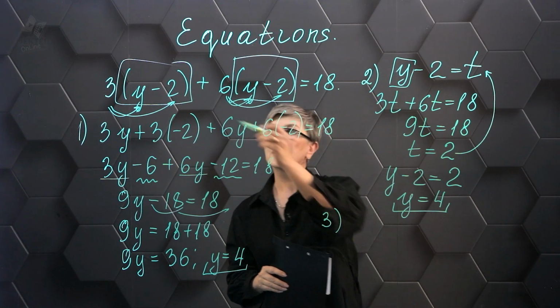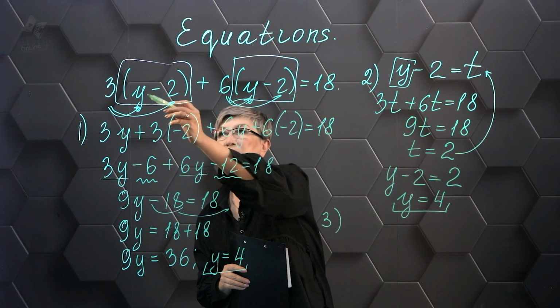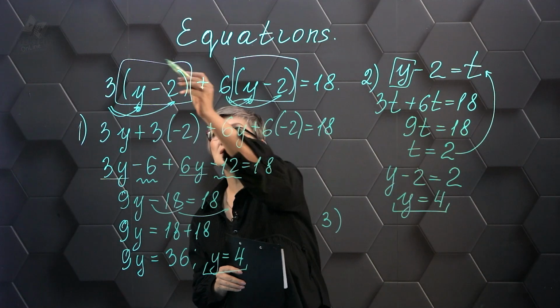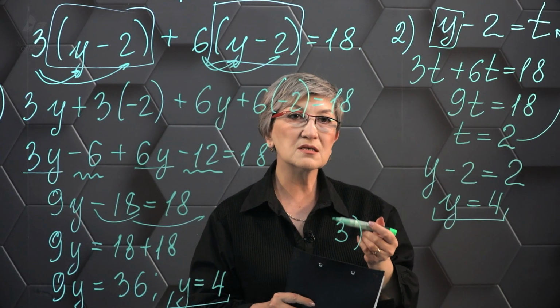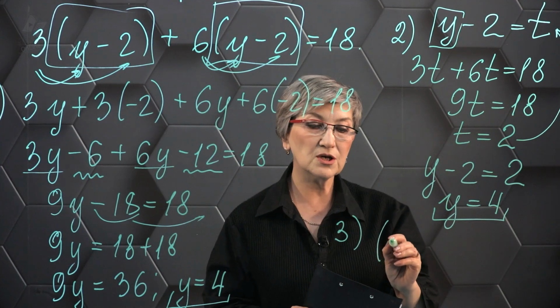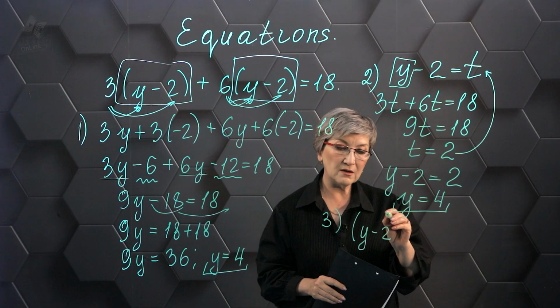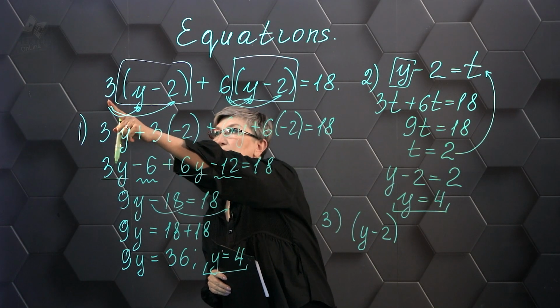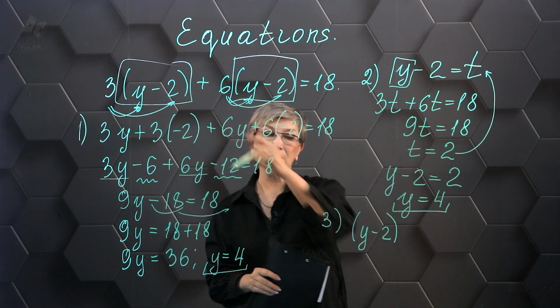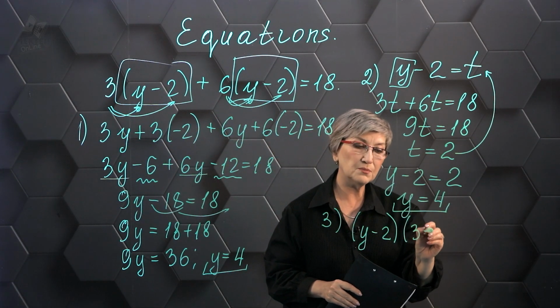Which one? There's a reason I told you that you saw the common factor, and this common multiplier can be put outside the parenthesis. The result is I put y minus 2 outside the parenthesis. That leaves 3 plus 6 in the parenthesis. Let's write it down. 3 plus 6.